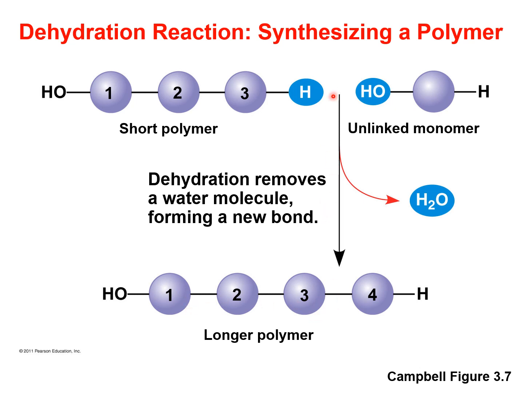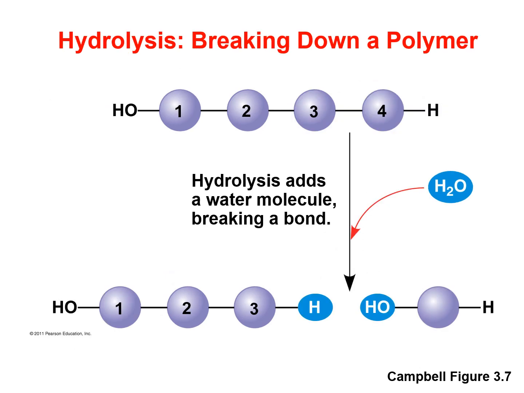And there would be an enzyme here to catalyze that reaction. Then to break down the polymer, we would do a hydrolysis reaction. We've got our polymer up here on top, and then here we've added a water molecule, and there would be an enzyme involved to catalyze this reaction. Here you can see we've broken off one of the monomers, and here's the rest of our polymer on the left.